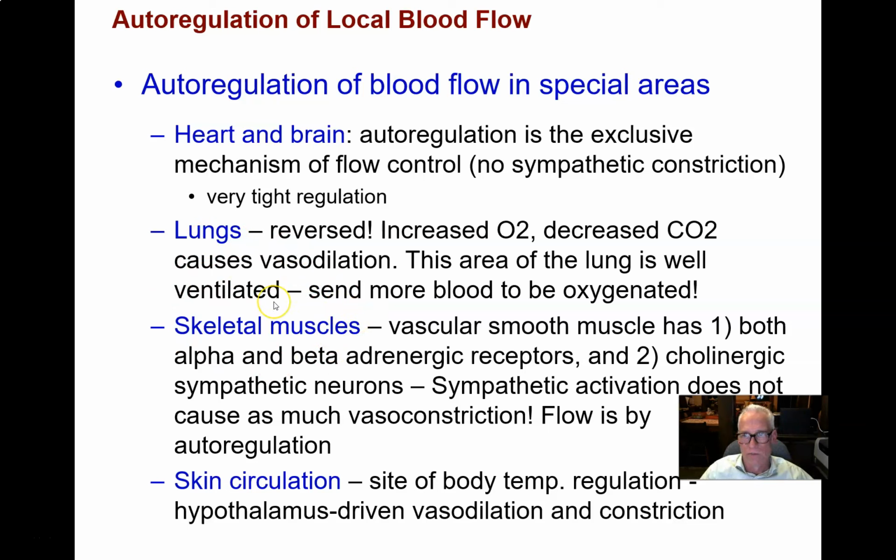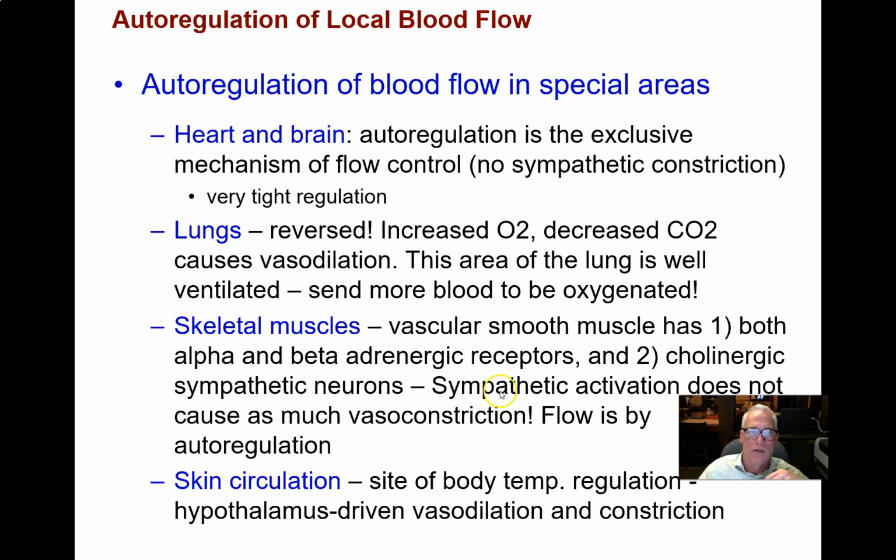Skeletal muscles. Skeletal muscles do vasoconstrict somewhat when there's sympathetic activation, as long as they're not the exercising muscles. Exercising muscles control their flow by autoregulation. But the reason they can get away with that is the sympathetic nervous system doesn't constrict them so much, for two reasons.